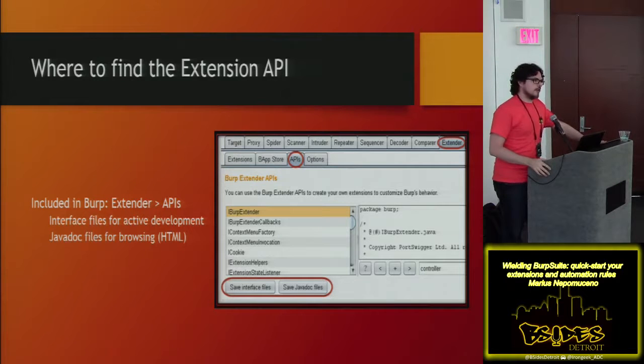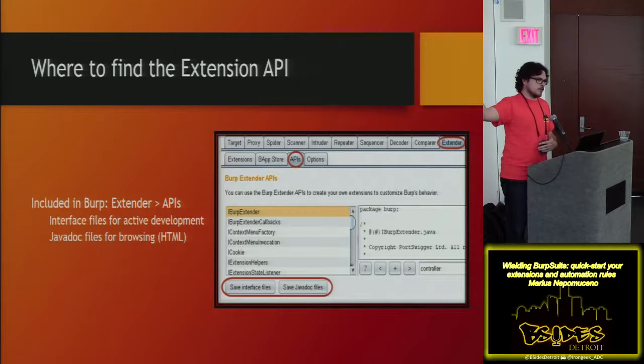Save Interface Files allows you to actually save the Java interface files themselves, so you can use something like an IDE when you're developing. And I have a guide for that, as you'll see. Save JavaDoc Files will just give you an HTML website with all of the documentation behind BurpSuite. So it will literally extract it from BurpSuite here and put it in nice HTML docs, very pretty.